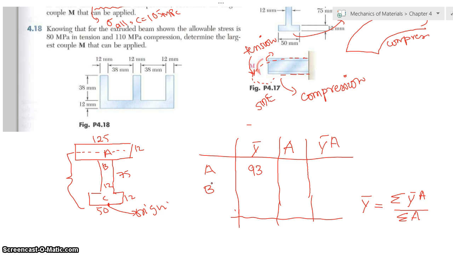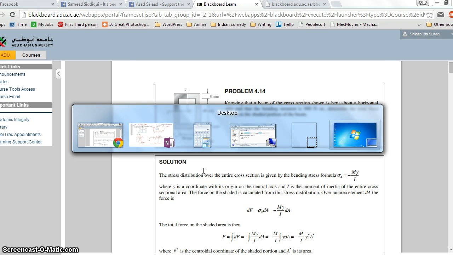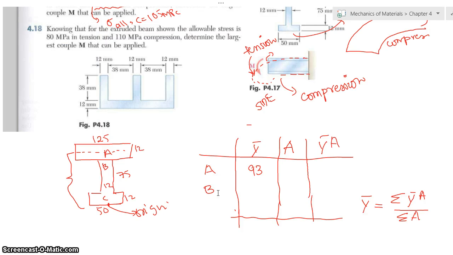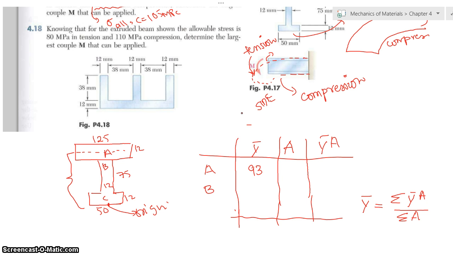For B, it's 12 plus 75 divided by 2, which is 49.5. And for part C it is 6.